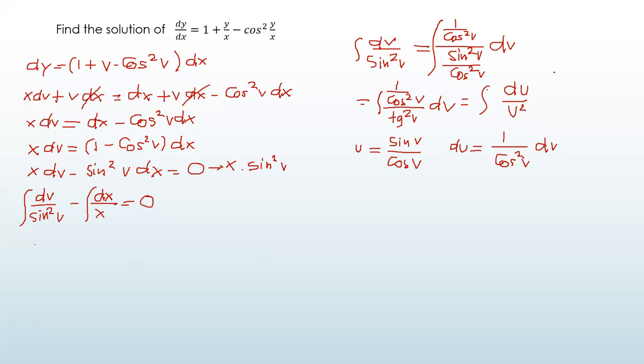Yeah, and u equals this one. So the integral of dv over sine squared phi becomes the integral of du over u squared, while u is sine phi over cos phi.